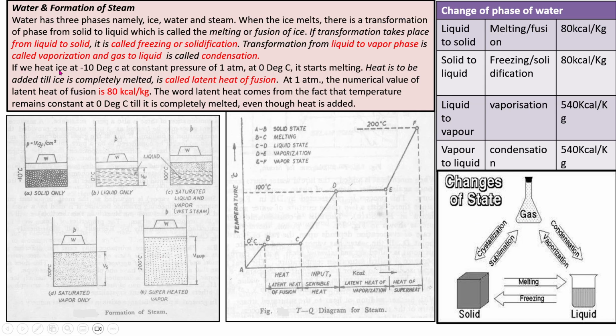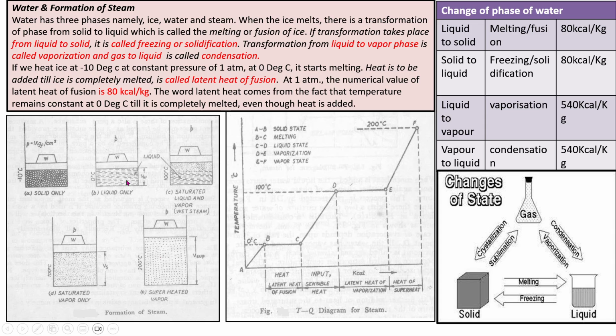If we heat ice of minus 10 degrees centigrade at a constant pressure of 1 atmospheric pressure, it starts melting, and heat is to be added till the ice is completely melted.